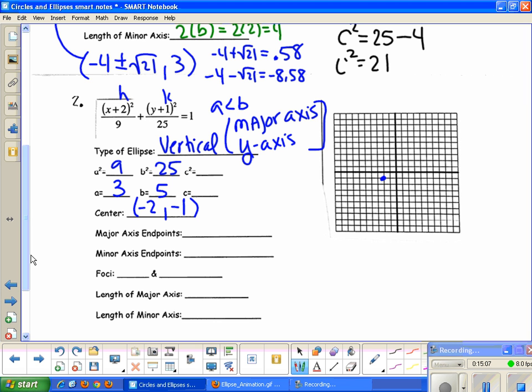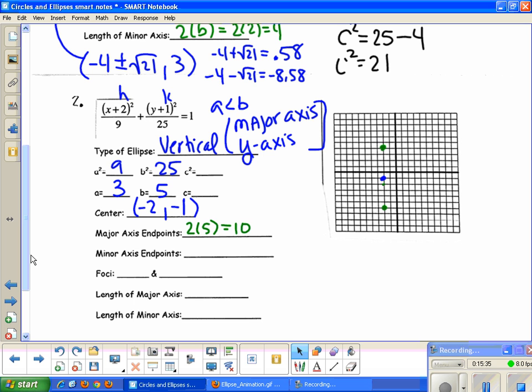Then for the next part, I'm going to count up a distance of 5 and down a distance of 5, because my b is 5 and it goes with the y. So up 1, 2, 3, 4, 5, down. And then that is my major axis. So if I count that distance, my major axis is going to be 2 times 5, which is 10.